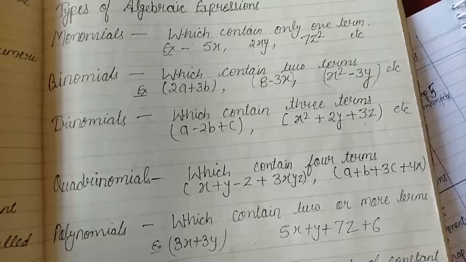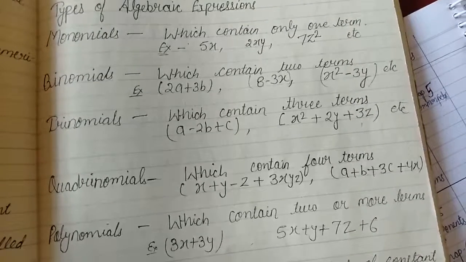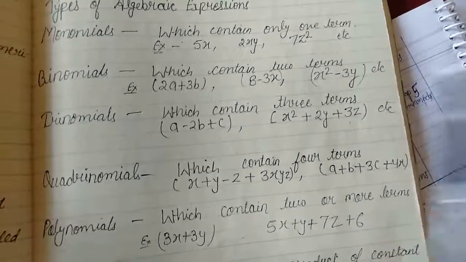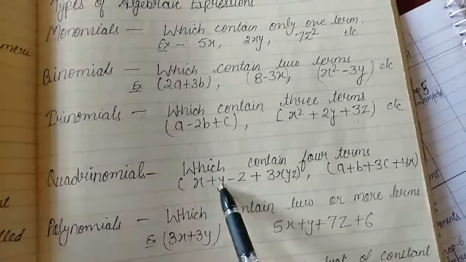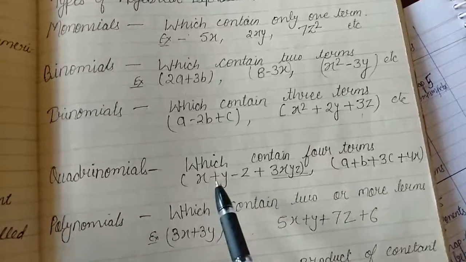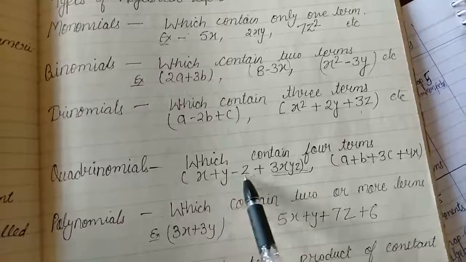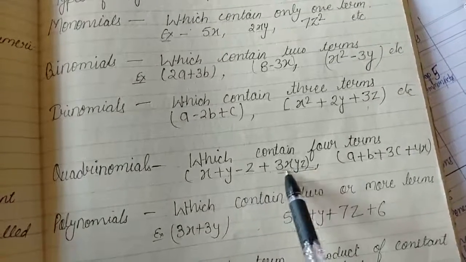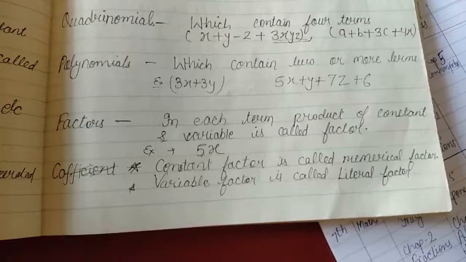Any algebraic expression which has 4 terms is called a quadrinomial. So see, 1, 2, 3 and 4, because terms are those separated by plus or minus. There are 4 terms, so this is called a quadrinomial.